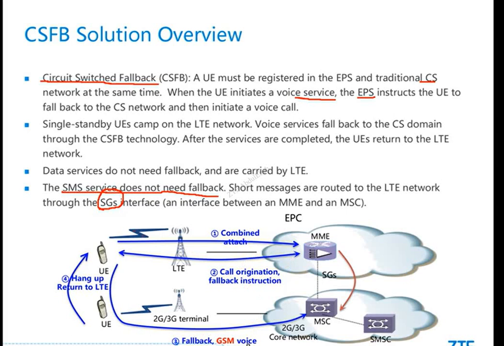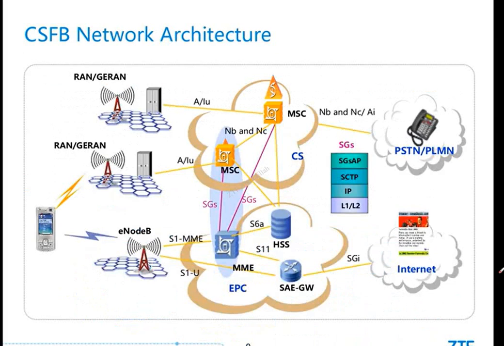The third step is the eNode B takes the UE back to the GSM and UMTS network according to the UE capability. In the last step, the UE initiates the calling voice service on the 2G and 3G network. So this is the procedure of CS fallback.